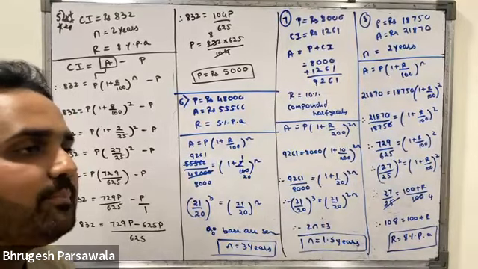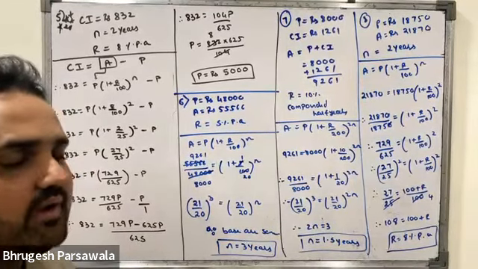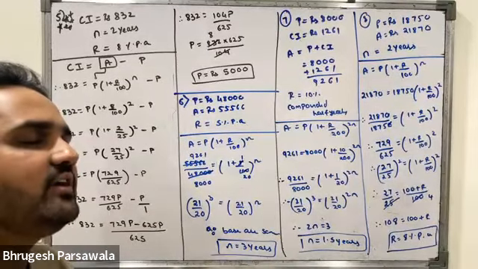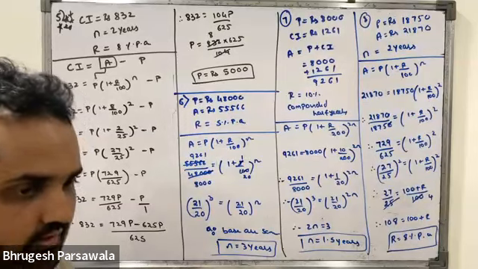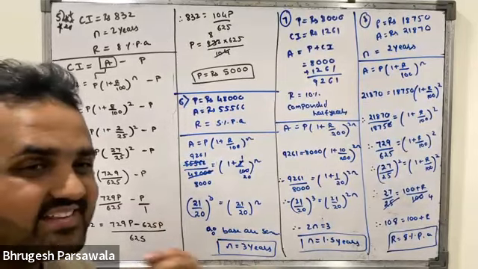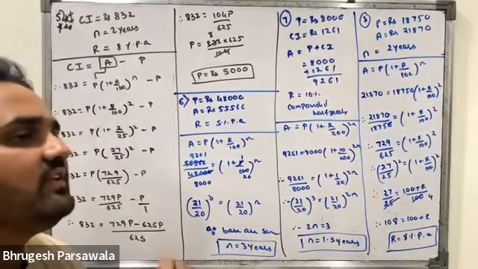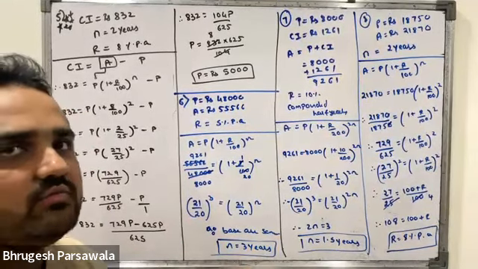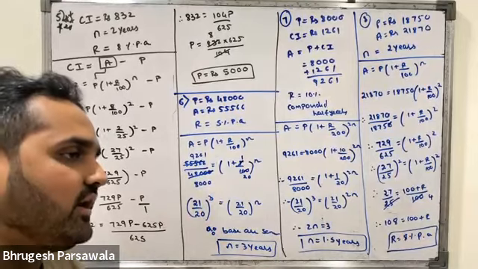A equals to P 1 plus R1 upon 100 into 1 plus R2 upon 100. ये second type था. Successive rate.